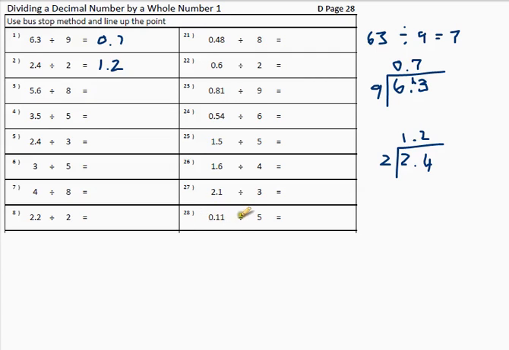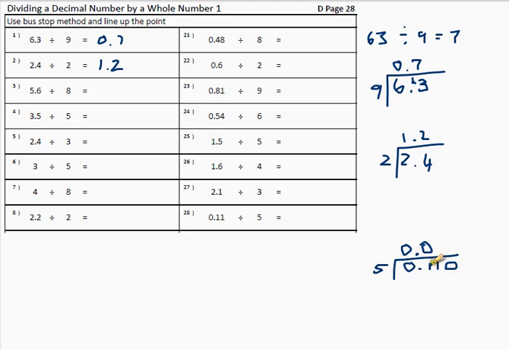What would be 0.11 divided by 5? Did you get that one? 0.11 divided by 5. Now I know 5 cannot go in 11, so I already know I need a 0 there. 5 goes in 0, 0. Okay, point line up, very important. 5 goes in 1, it cannot.